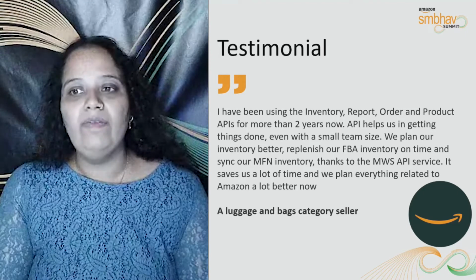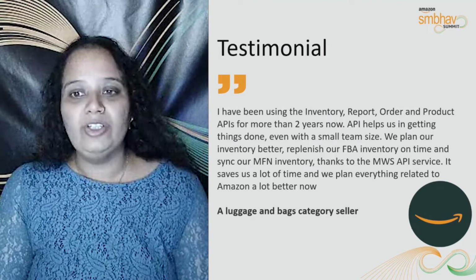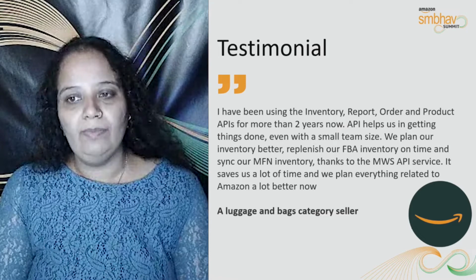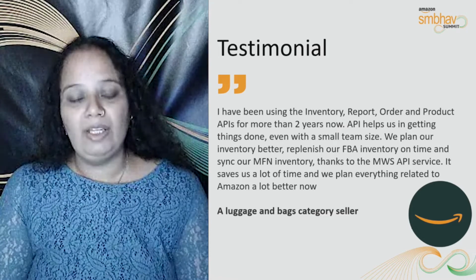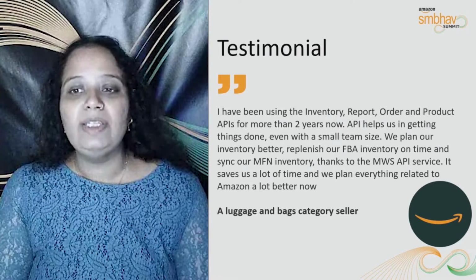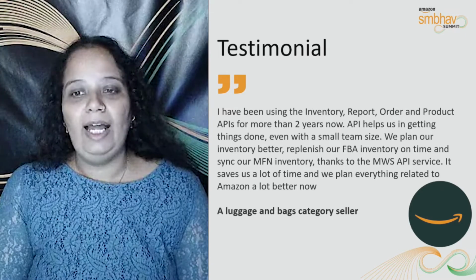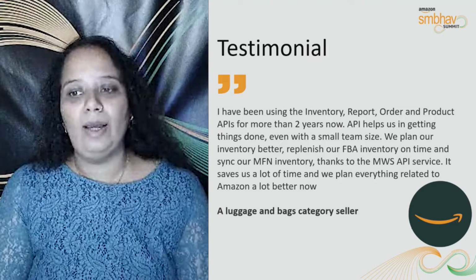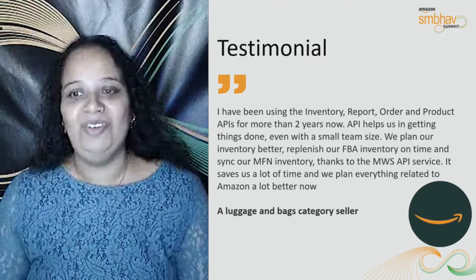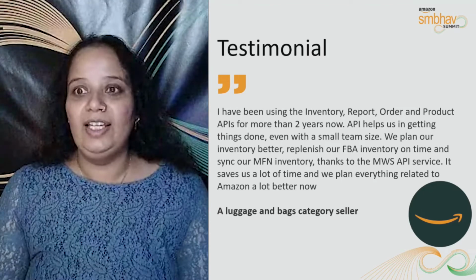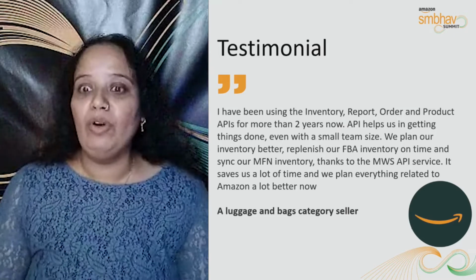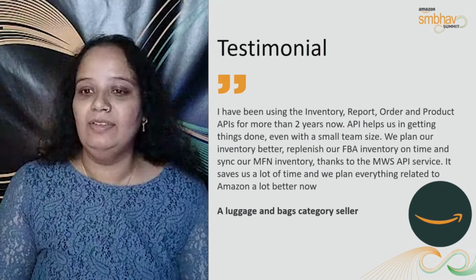We plan our inventory better, replenish our FBA inventory on time, and sync our MFN inventory thanks to the MWS API service. It saves us a lot of time and we plan everything related to Amazon a lot better now. And that is also helping them focus on business and plan better.